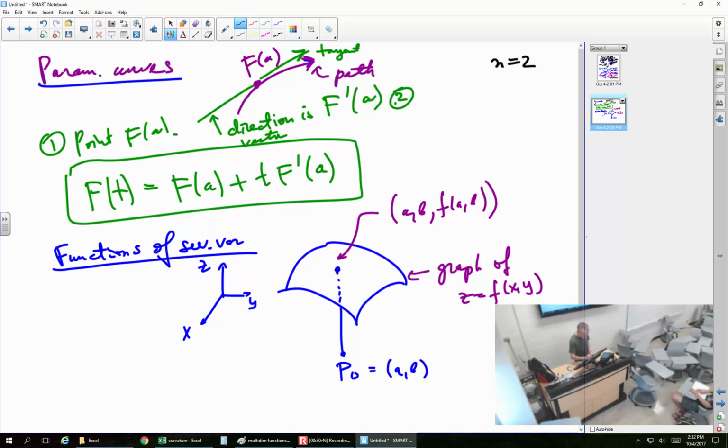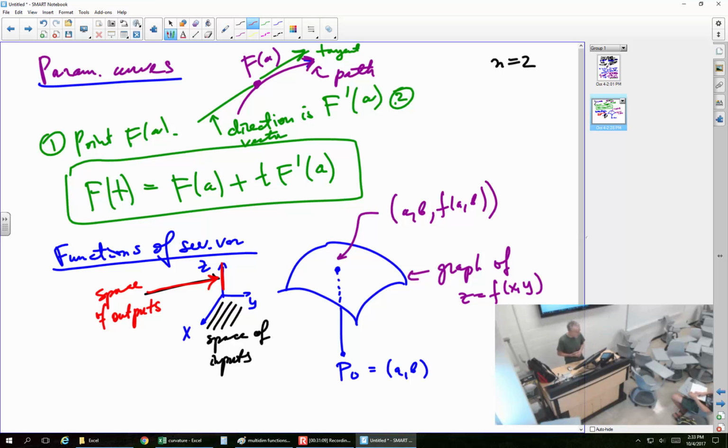The xy plane is the space of inputs, and z is the space of outputs, which used to be exactly the opposite.